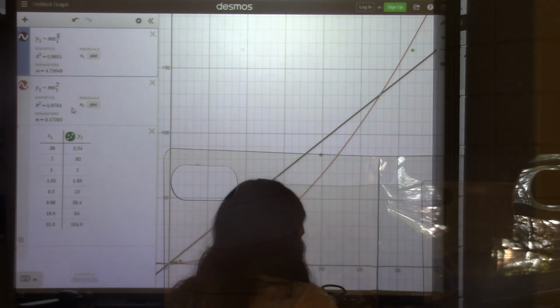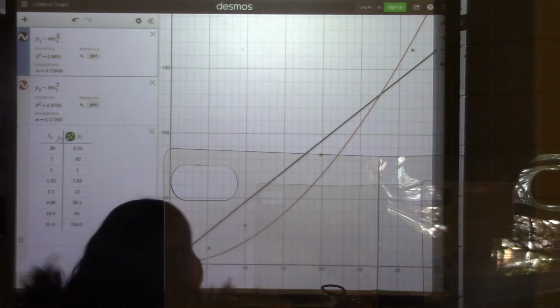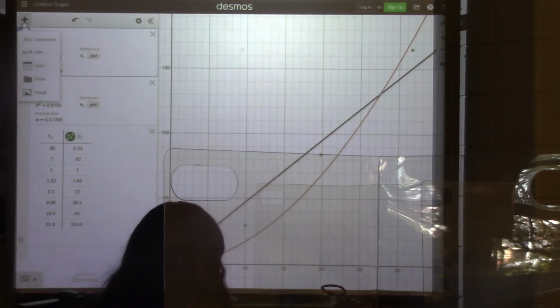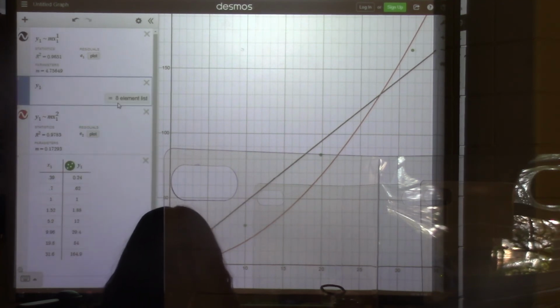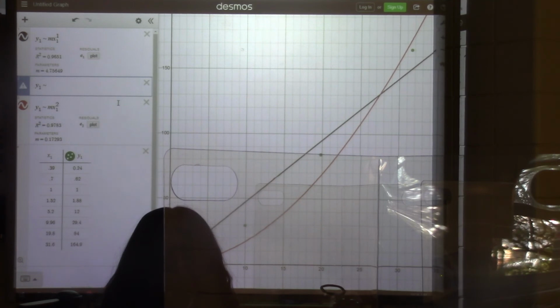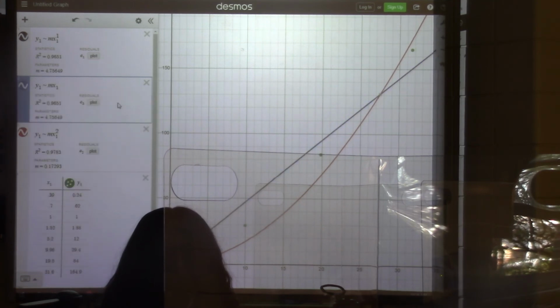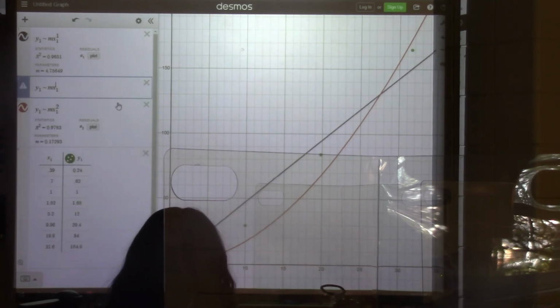So what are we going to do here? How are we going to fit it? Does someone have a suggestion? What do you think we can raise it to fit?